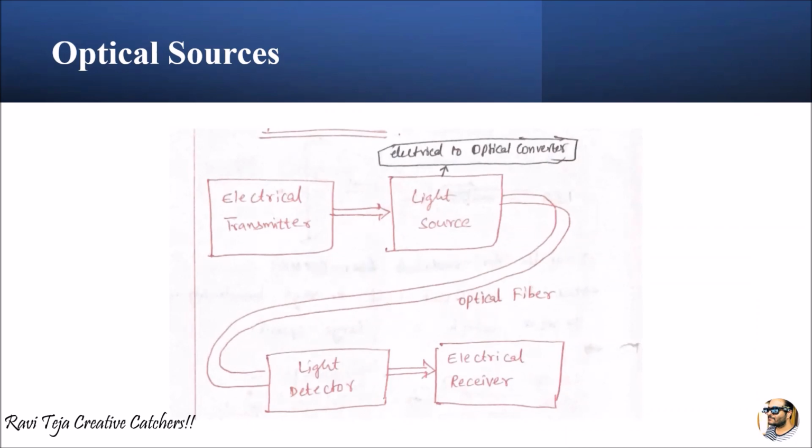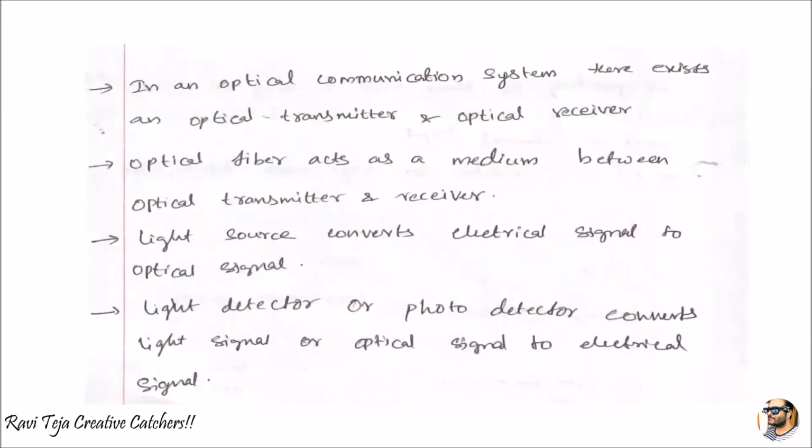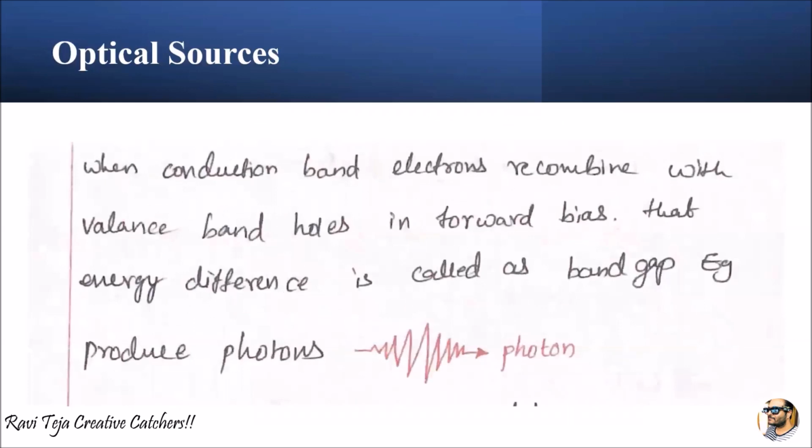Once the light energy is transmitted through the optical fiber cable, using a light detector or photo detector, we convert that light into electrical energy again. The electrical receiver then receives the electrical pulse that was first transmitted by the transmitting end. This is how the mechanism works.